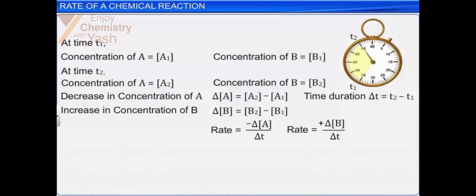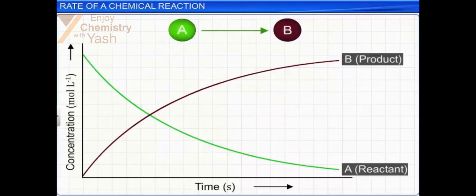Hence, the rate of reaction is always taken as the change in the concentration of the reactants or products in a definite interval of time. This is called the average rate of chemical reaction, which is given by this equation. If we plot the concentration of A and B against time, we get the graph shown here.